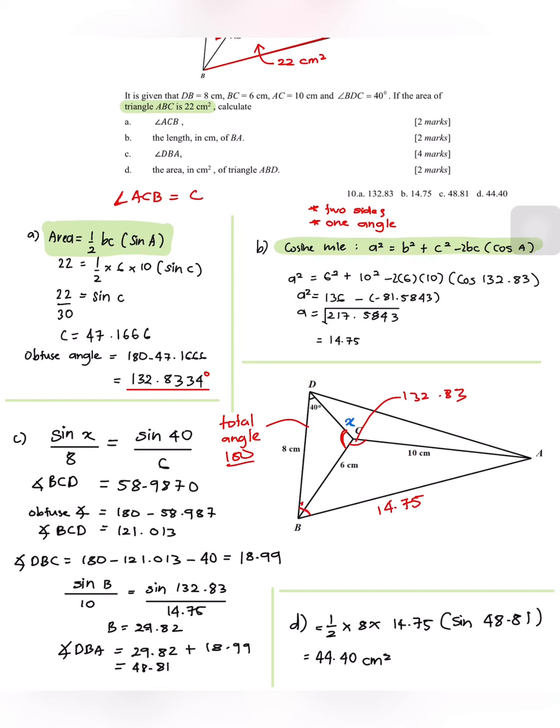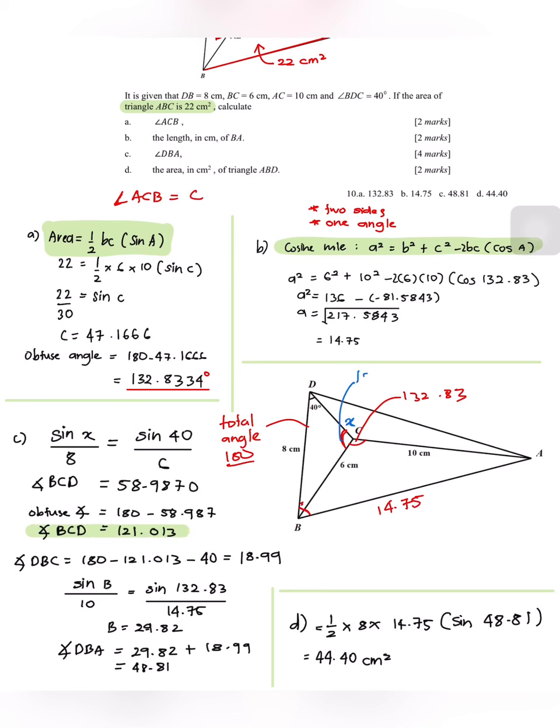So for the angle BCD we will get 58.987. Since this is an obtuse angle, we have to find the corresponding angle, using 180 minus the angle that we found. So we will get the final answer, 121.013.